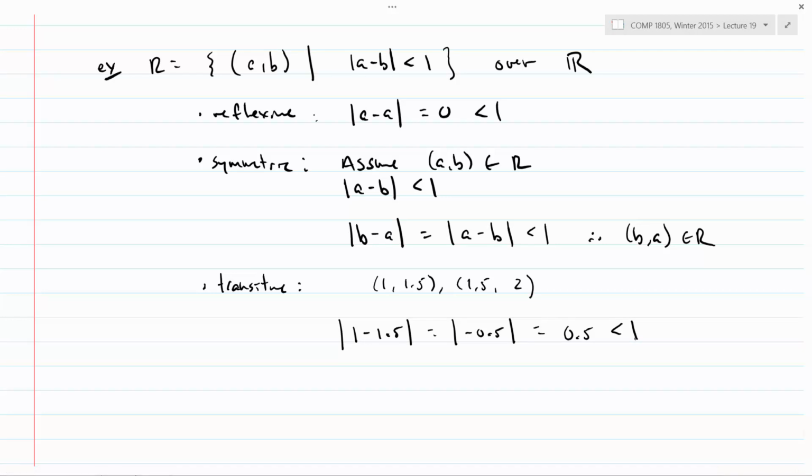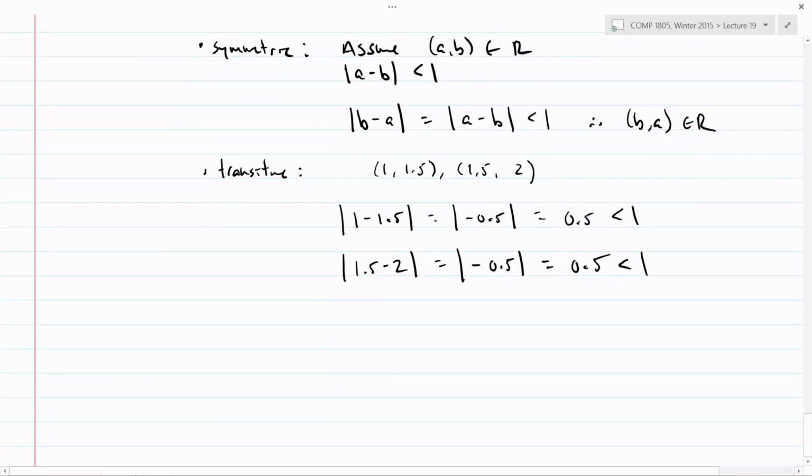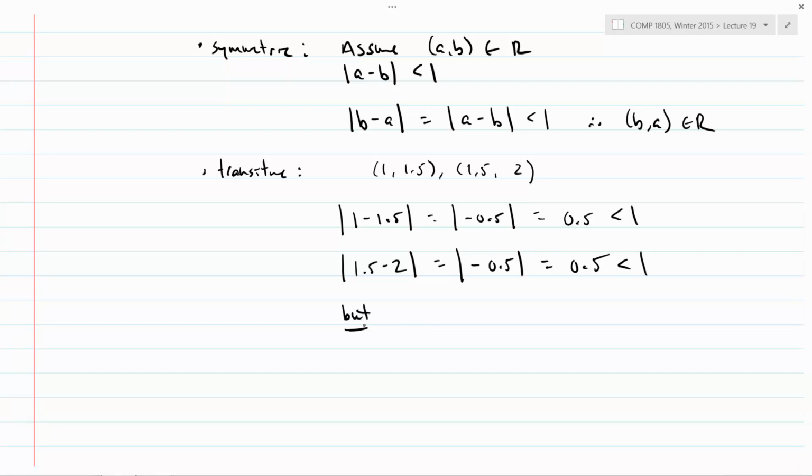Now we check the second thing. So the absolute value of 1.5 minus 2 is the absolute value of minus 0.5, which is 0.5, which is less than 1. So that's good. That means these really are in the relation. But now we need to look at 1, 2. Because if this thing were transitive, I would have 1, 2 in this relation.